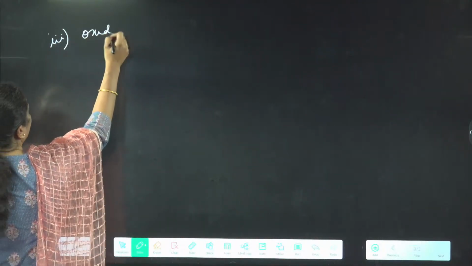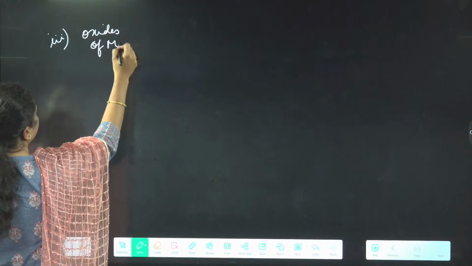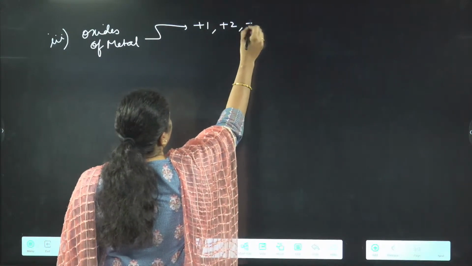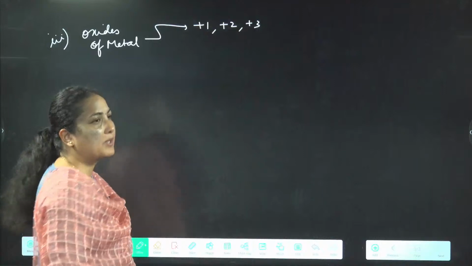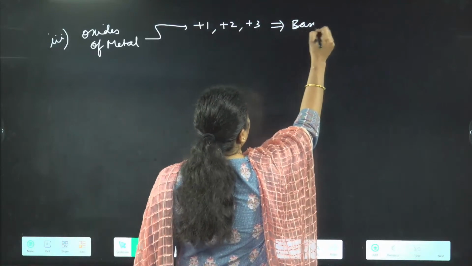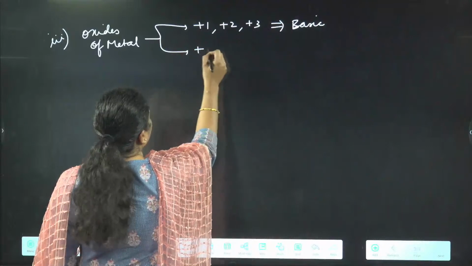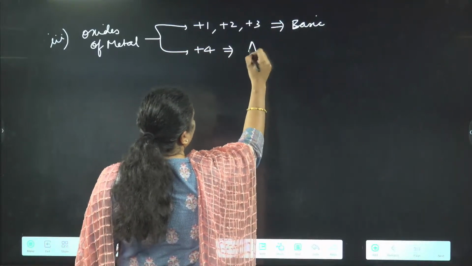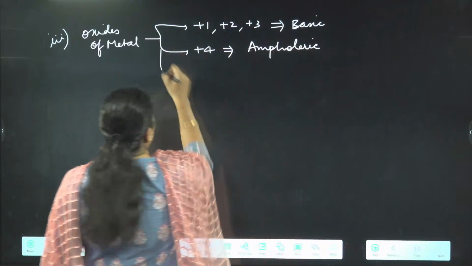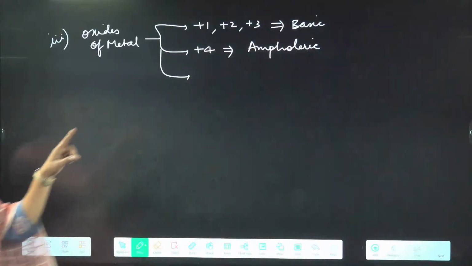Then next point, I'm going to write down oxides of metal. You must remember, if the metal is in +1, +2, +3 oxidation state, it is going to be basic. If the metal in those oxides is in +4, it is going to be amphoteric. And do remember, I'm not talking about VO2 here.